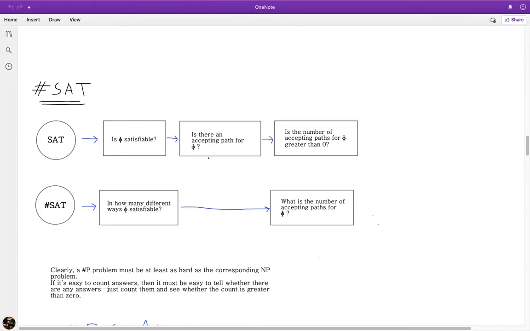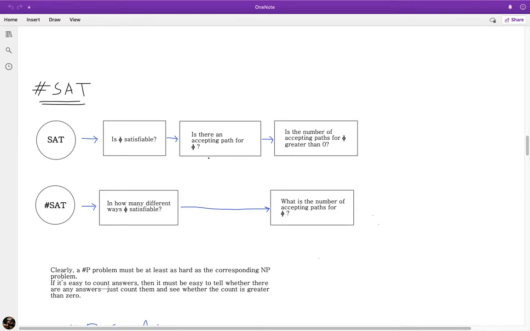#SAT is a counting problem which is analogous to the satisfiability problem that we have already studied, and we know that satisfiability is an NP-complete problem, and it is NP-hard.